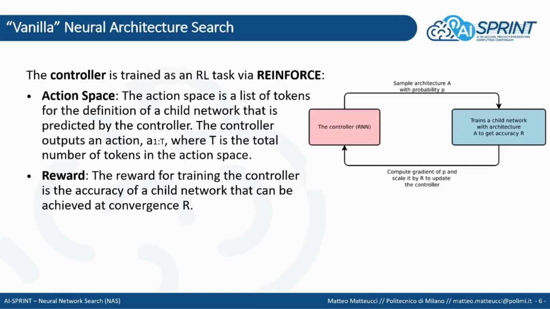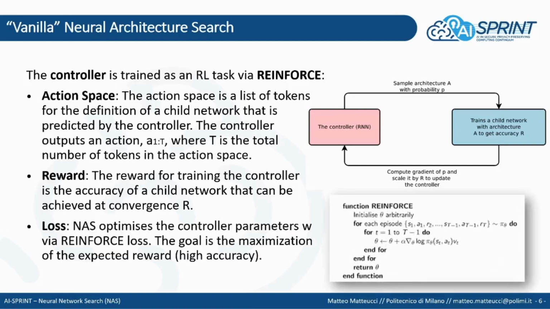The reward is how good the network generated by the controller was. Once we have this index of quality, this reward, the controller is optimized by maximizing the expected reward. It means that we want to find the controller which is able to generate networks with a very high accuracy.